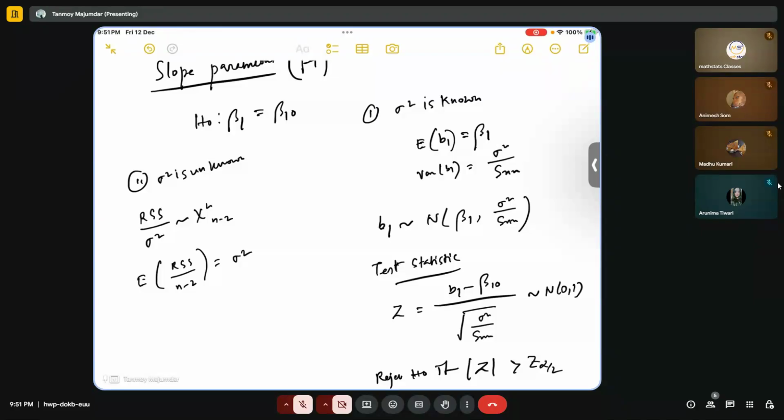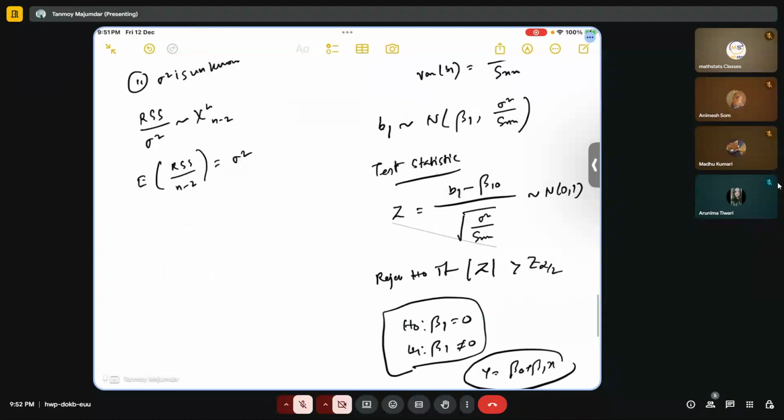Okay, fine. So in that case we are going to use RSS by n minus 2 in place of sigma square.